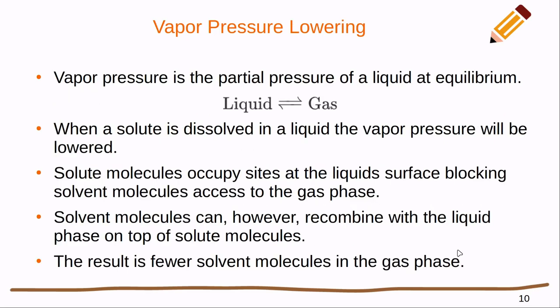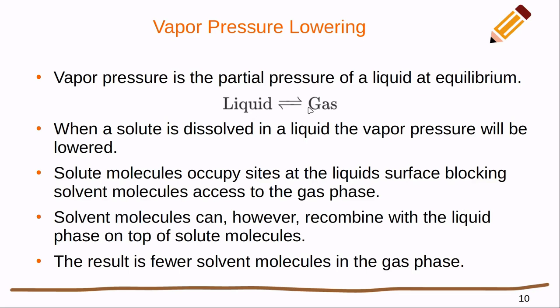First, vapor pressure. Vapor pressure is the partial pressure of a liquid at equilibrium. So if I have a liquid, some of it's going up into the gas phase. When the partial pressure of that gas above this liquid is equal to the vapor pressure, then equilibrium will be reached, and just as much gas will be going into the liquid phase as liquid will be going into the gas phase.